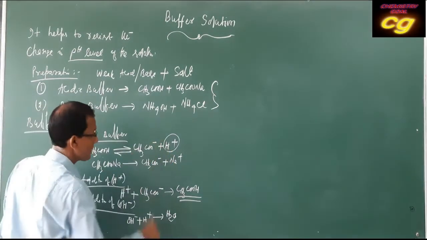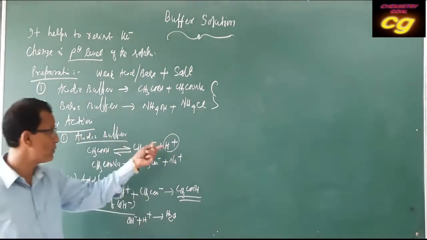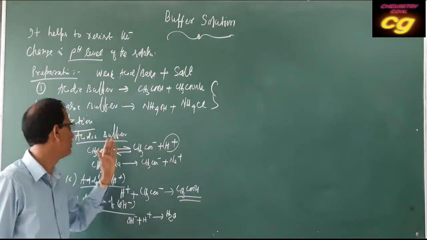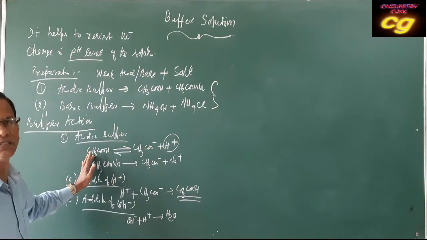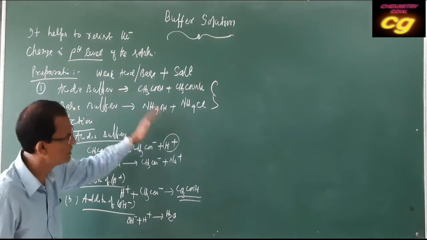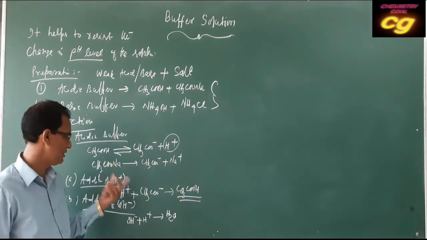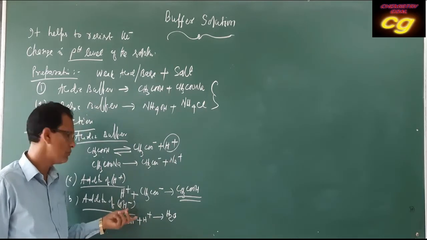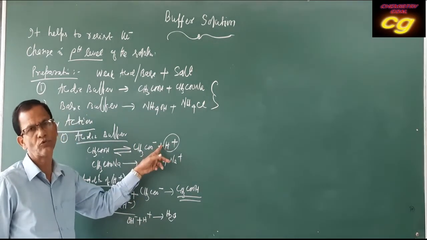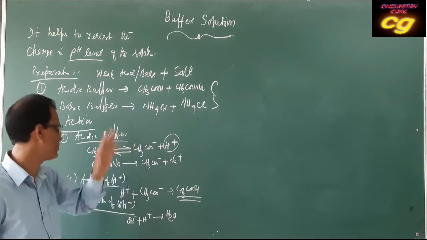When the H plus ion is decreased from the solution, the undissociated acetic acid dissociates, forming H plus ion again. So the H plus ion will remain the same in the solution. That's why it maintains constant pH.